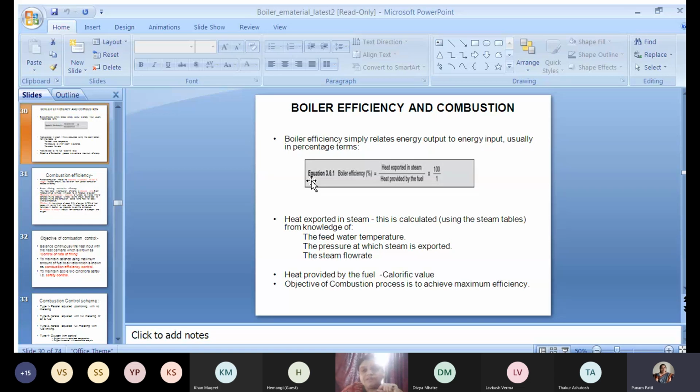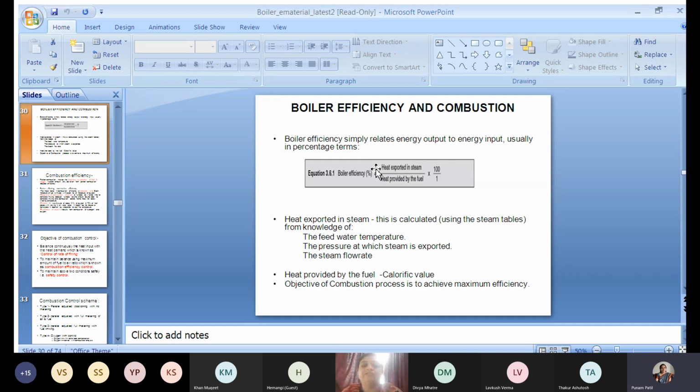What do you mean by efficiency? Boiler efficiency simply relates energy output to energy input, usually in percentage terms. In general, efficiency of a unit means what? When we are talking about the efficiency of a heat exchanger or any other unit operation, what do you mean by that? I'm asking about the efficiency.